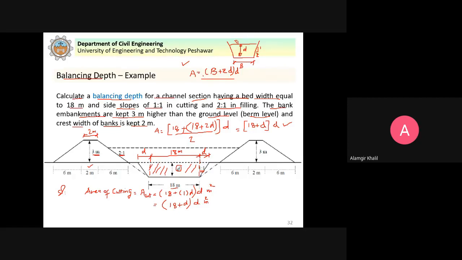Either you use this formula or this one, you get the same result.